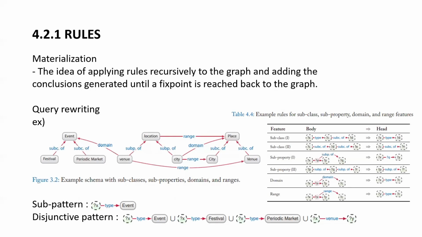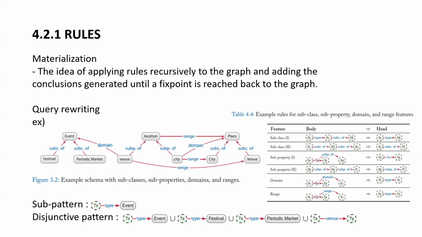Rules can be used for reasoning in several ways. Materialization is the concept of recursively applying a rule to the graph and adding the generated conclusion back to the graph until a fixed point is reached and no more can be added. A materialized graph can be treated just like any other graph.